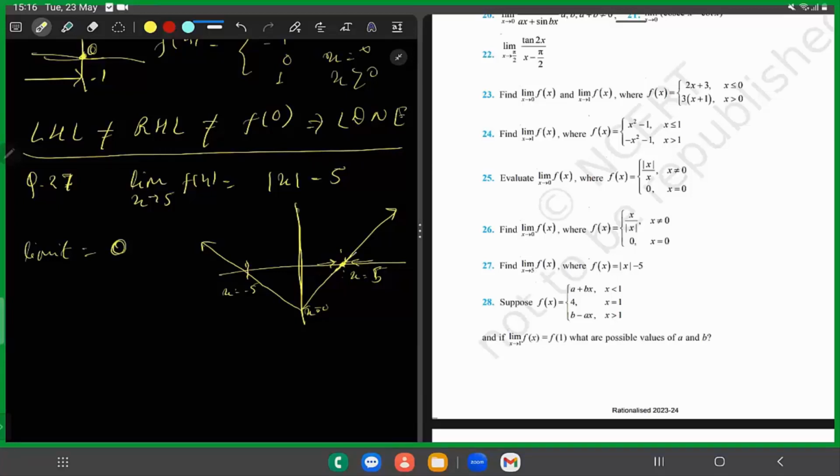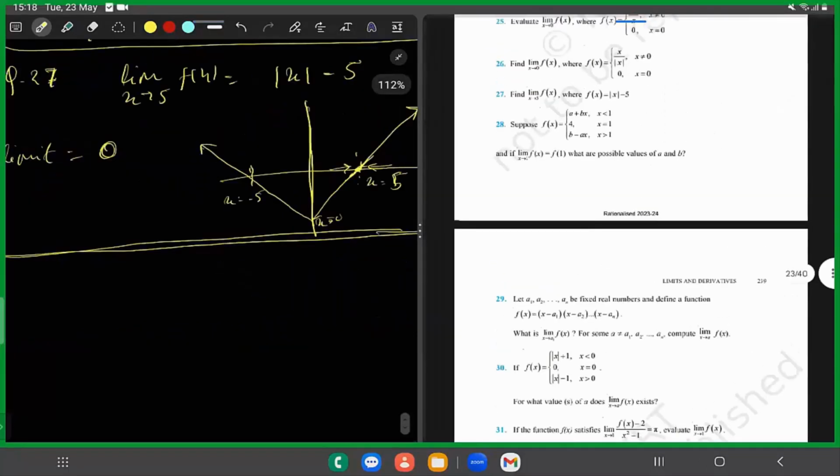There is no break in the function, so as we get closer to x equal to 5, we almost land at y equal to 0, because as x approaches 5, the graph is intersecting the x-axis. So for this question the answer would be 0.